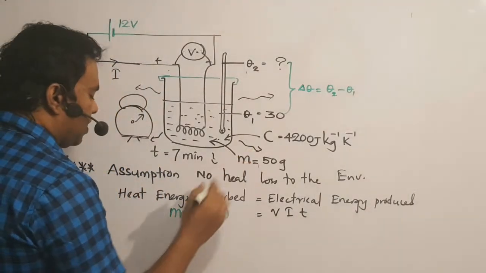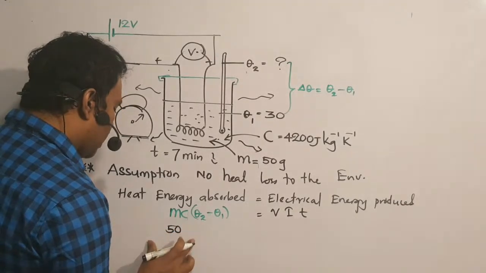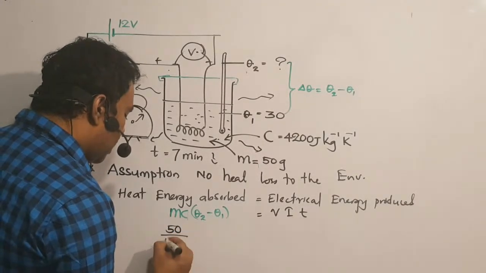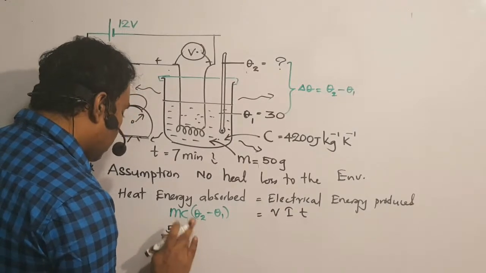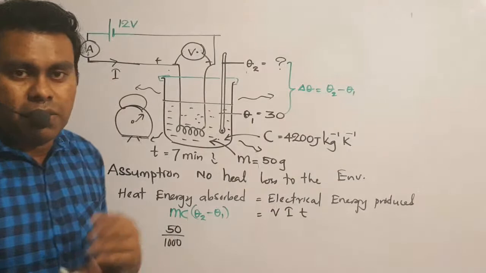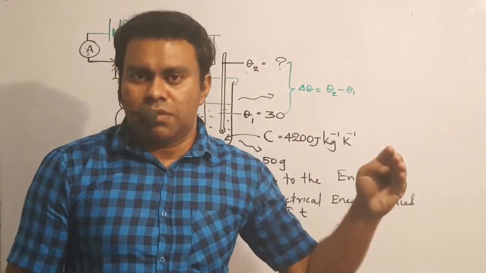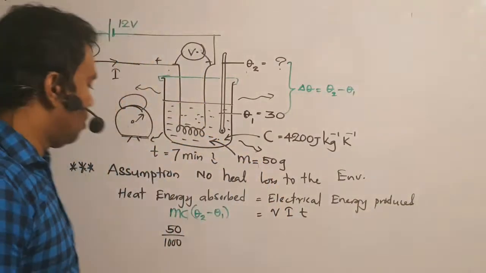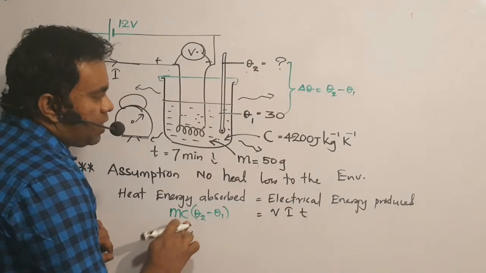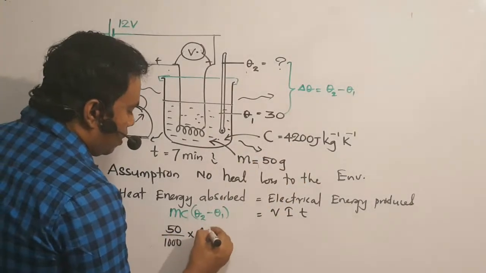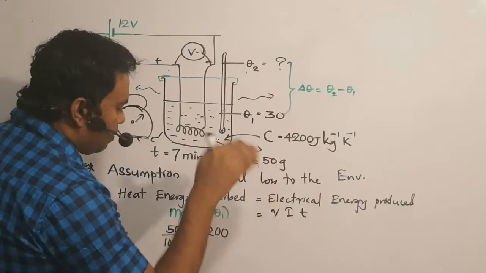M is 50 grams, and to convert that into kilograms, we can divide it by 1000. In physics, use SI units. Measure mass in kilograms. Therefore, we have to divide it by 1000, and specific heat capacity 4200, okay, joules per kilogram per Kelvin.